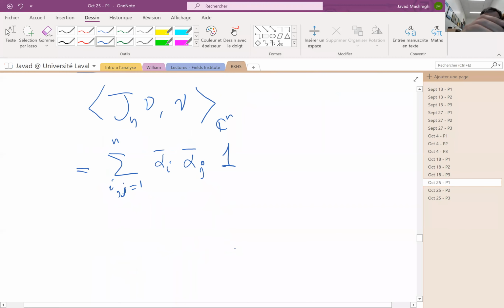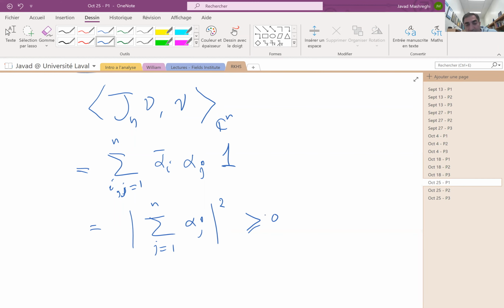And we see immediately that, as we saw before, this is the absolute value of the sum over j from 1 to n of alpha j, squared in absolute value, which is positive. So this shows that it is positive.